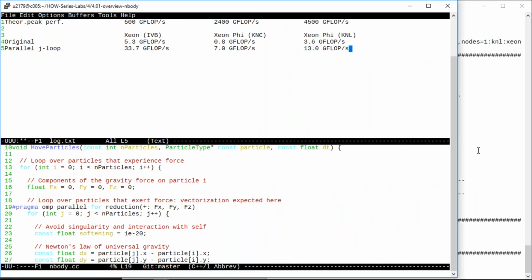This is a speedup, but Xeon Phi is still doing poorly compared to the Xeon, and the speedup is not great. It's not even equal to the number of cores. We would expect a speedup by a factor of 24 on the Xeon, but it's not there.